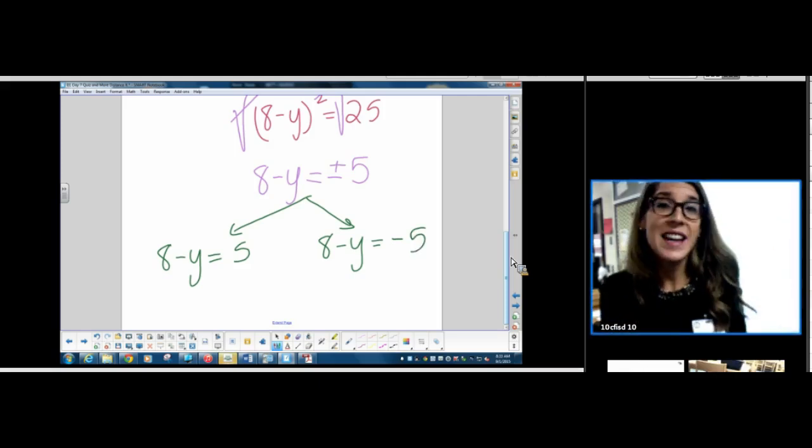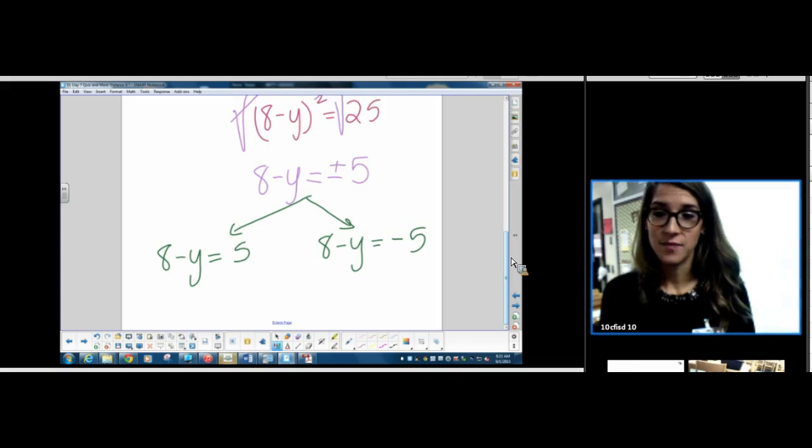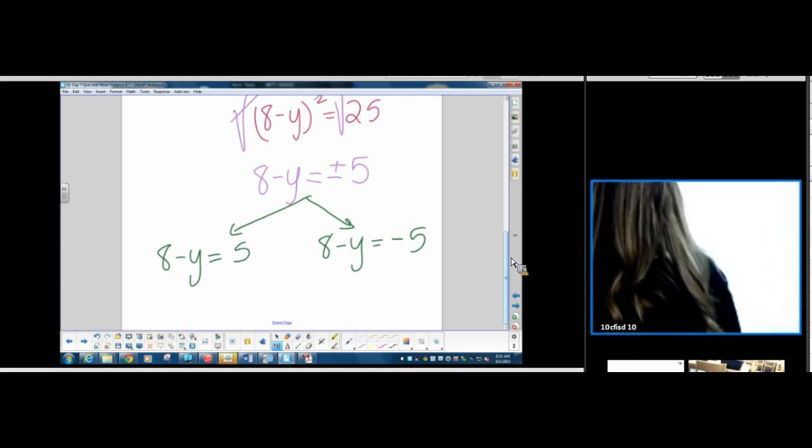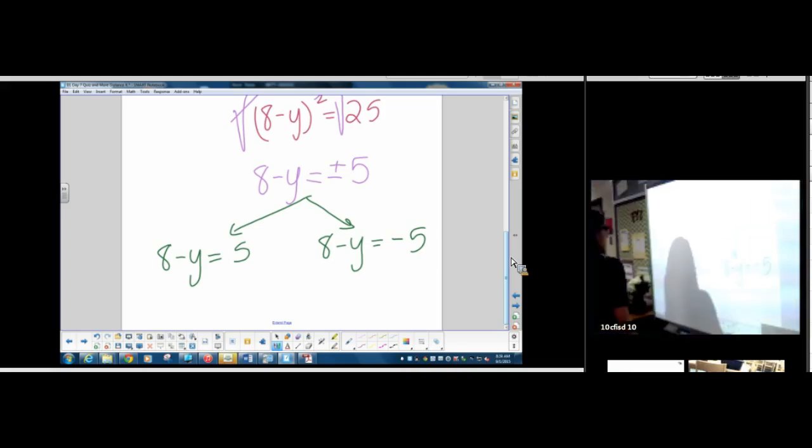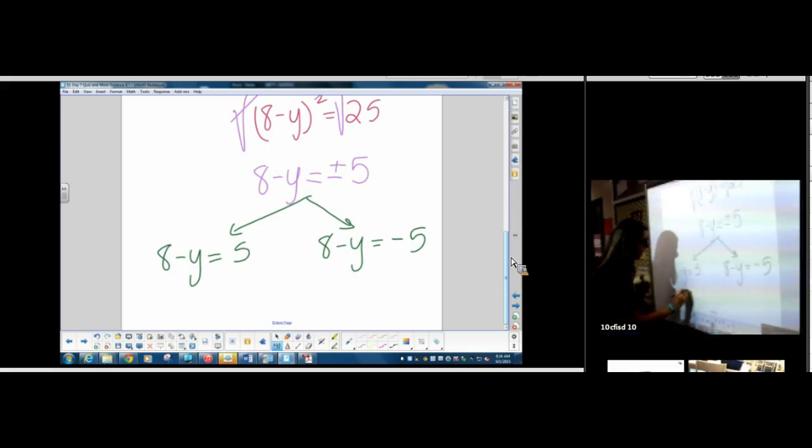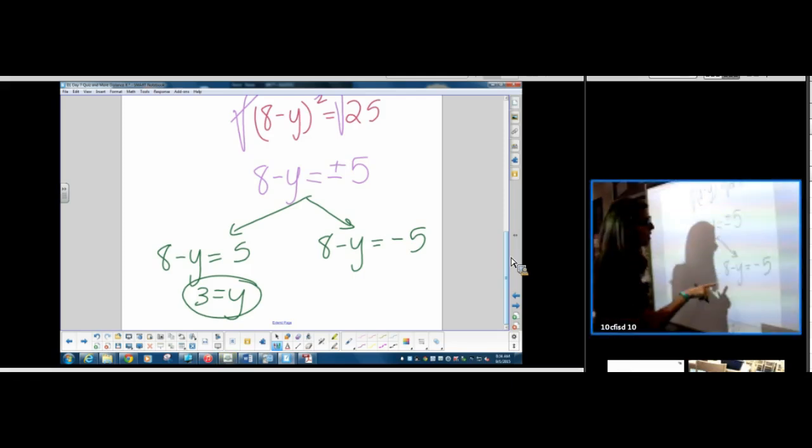We haven't really done an algebra review in this class, so this might be difficult for some people. We are going to do an algebra review next week, but this is why this is K level. So if I solve this one, I get that y is 3, and if I solve this one, I get y is 13.